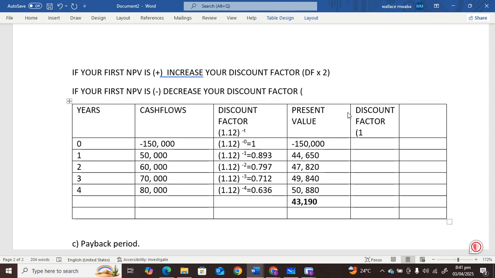So 1 plus 20%. 20% in decimal is 0.2, 0.2 plus 1 is 1.2, to the power negative t.